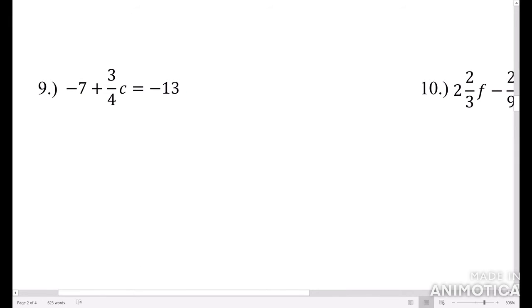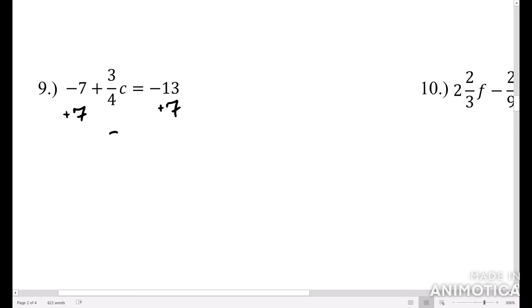In number 9, I need to get rid of this -7 that's out in front. I'm going to add 7 to both sides. You can also think of it as subtracting -7 if you want to do that. The result ends up being the same. I just prefer to deal with fewer negatives.